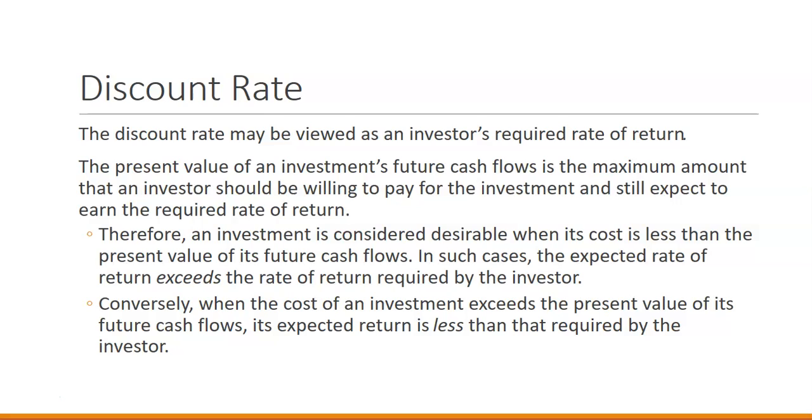So now we're going to look back at our vending machine problem and see if we hit those future cash flows. If our amount is positive when we do the net present value calculation, that means that the project's rate of return is higher than our minimum rate of return. If the value is negative, that means we're not going to meet our required rate of return and we would probably reject the project.